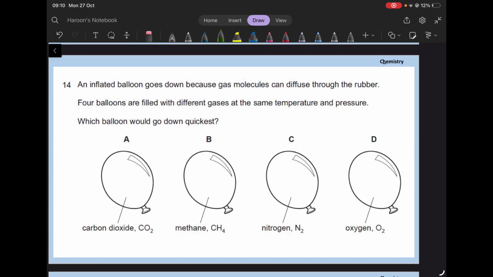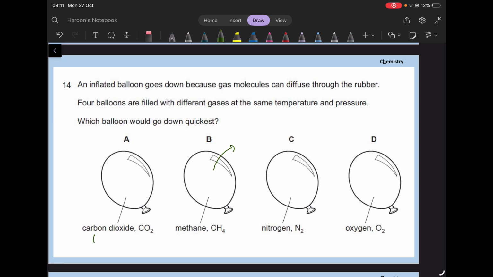Which balloon would go down the quickest? So an inflated balloon goes down. This is because the particles are moving outside. So the gas from inside basically moves outside. So the one with the smallest mass would go down the quickest, because those gas particles would move out the fastest. The fastest diffusion basically is what we need to find out.